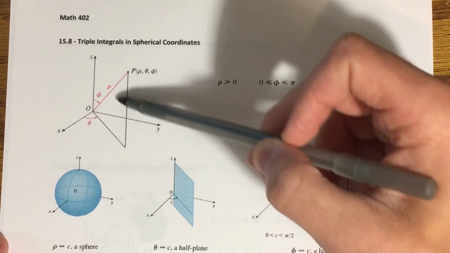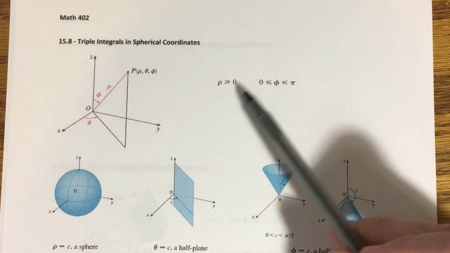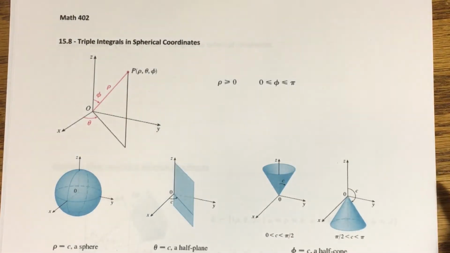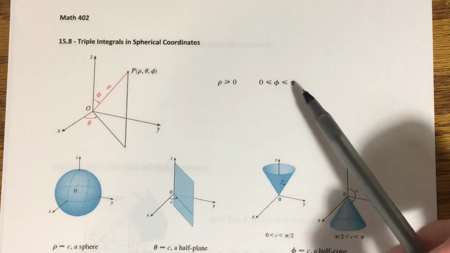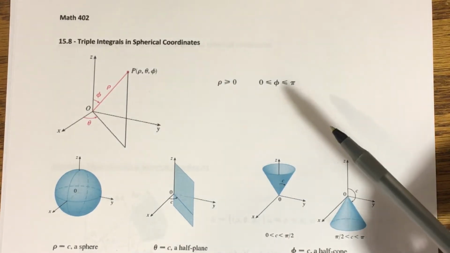I can have theta swing around because there's no restrictions that we put on theta. So these restrictions are sufficient to describe any point in 3 space using spherical coordinates. And that's useful because it turns out that these restrictions actually make the conversion between the two coordinate systems easier to manage.